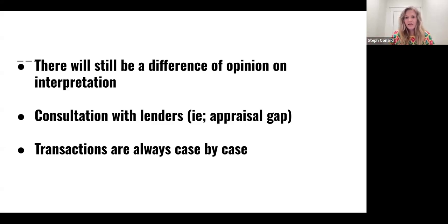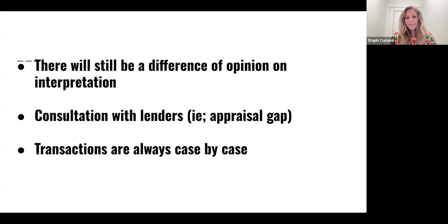There's still so much gray area, even in the standard contingencies, and with this expanded language there is still gray area. That's just not an avoidable issue. So that's more of a word of caution: if people are reading things differently, that's just because we're human and that might be the case.